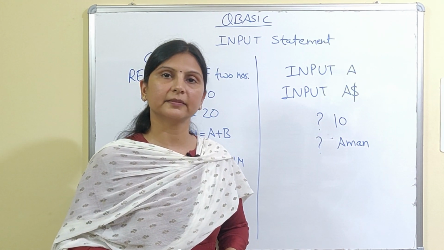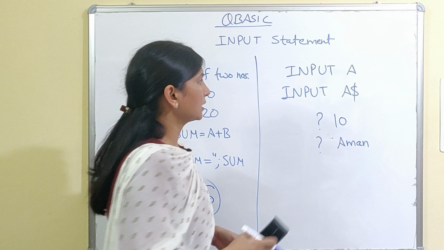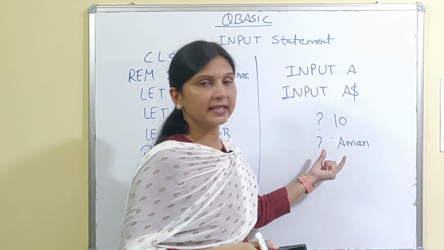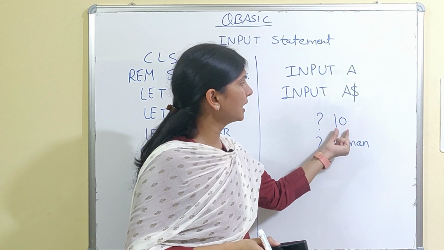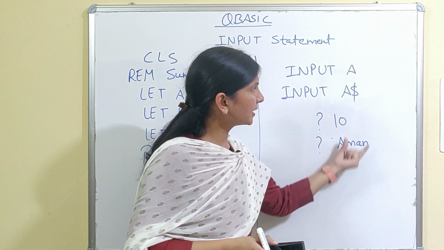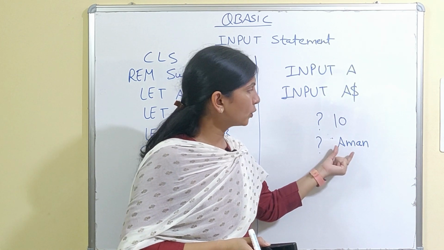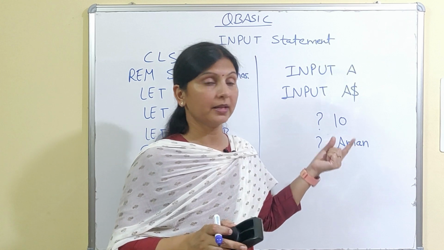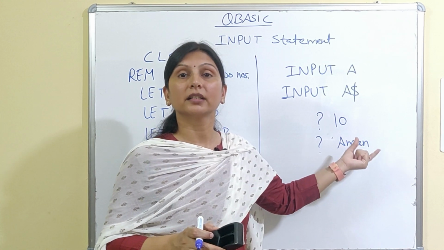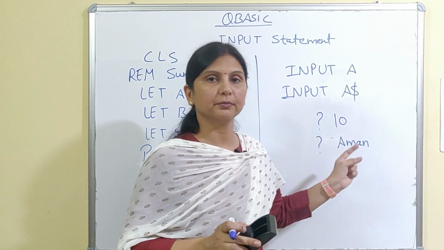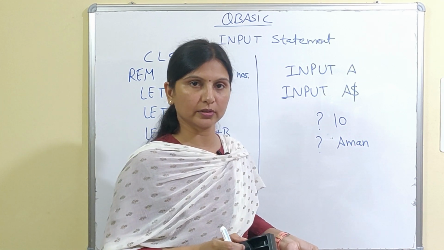I hope it is clear. Now this is the output. In the output screen you will see this question mark. You simply enter a number for A and a string for N$. Here there is no need to give the double quotes, but when we assign in the program, then we need to give the double quotes. In the output you can write a simple string without double quotes.